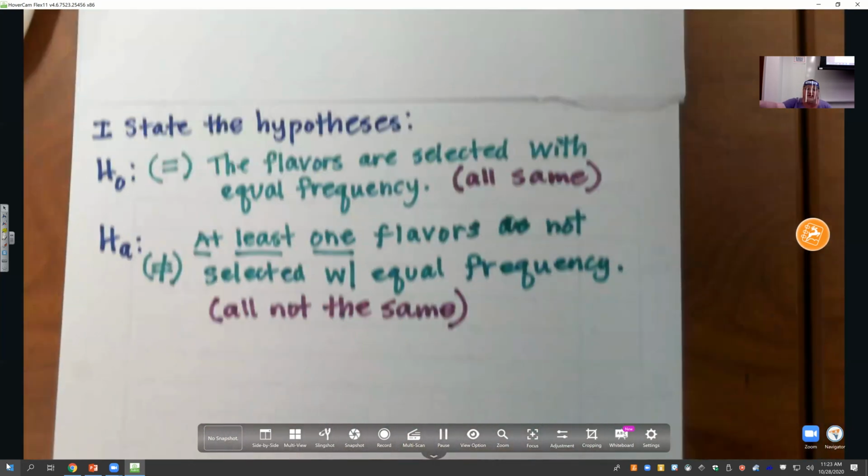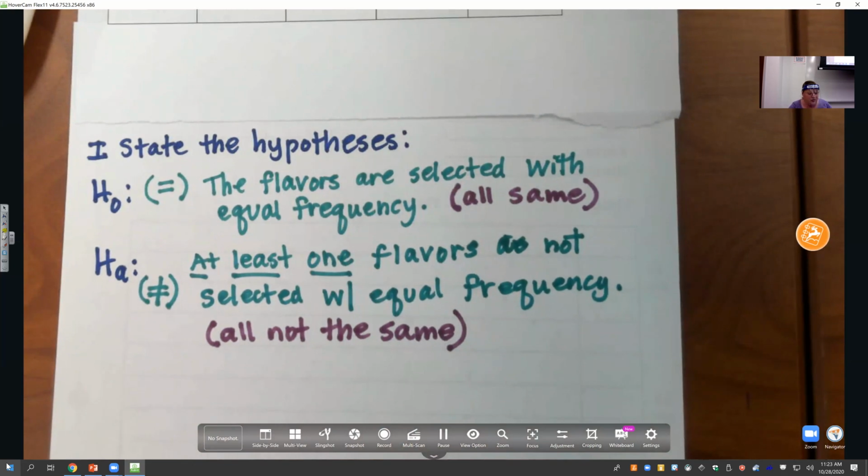Okay, so it's a little bit different in how you word or how you state your hypothesis. It's not stated in symbols. It's stated in words. And the statement in the null hypothesis will always indicate that they're the same or equal, and the alternative will indicate that they're not the same or not all equal.